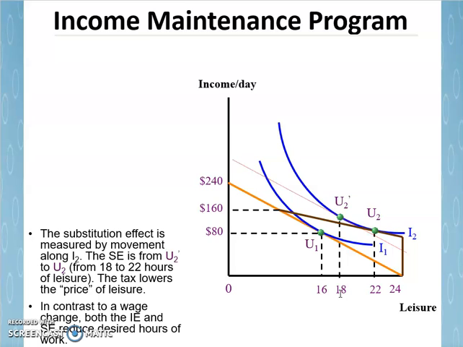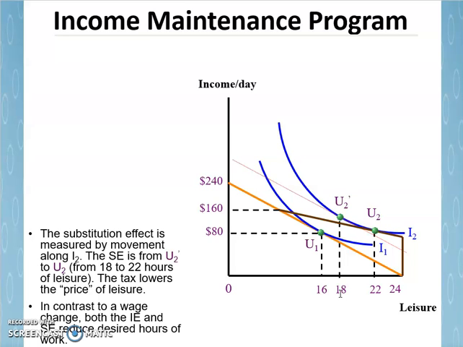Not in this case, because remember, this income maintenance program decreased the workers' take-home pay. They were getting $10 an hour. They ended up getting $5 because for every hour they worked, they lost half of that wage in a reduction in benefit.